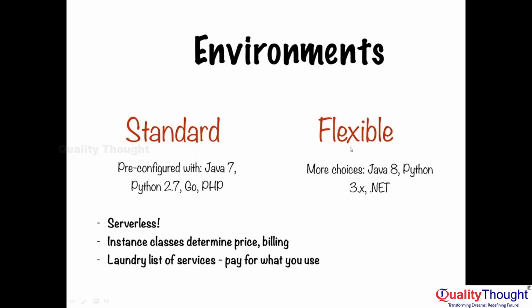But we have flexible also. Suppose I wanted to use a Java version which is not available in GCP. As of now, GCP offers Java 7 or 8 as standard. But if you want some other version, like 6, or some deprecated or new version, then you need to go for the flexible. Again, this is nothing but creating your own Compute Engine, your own infrastructure.